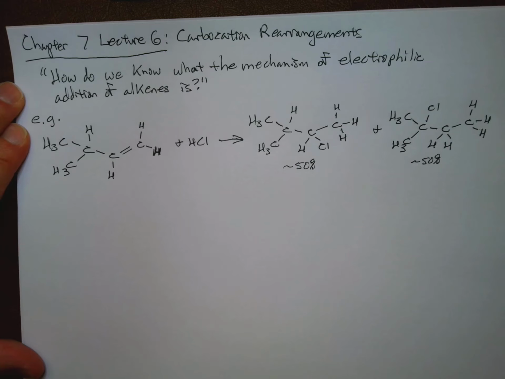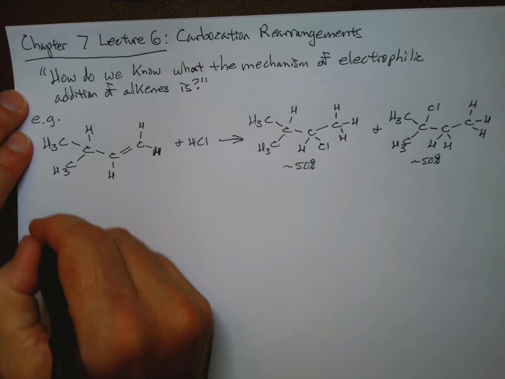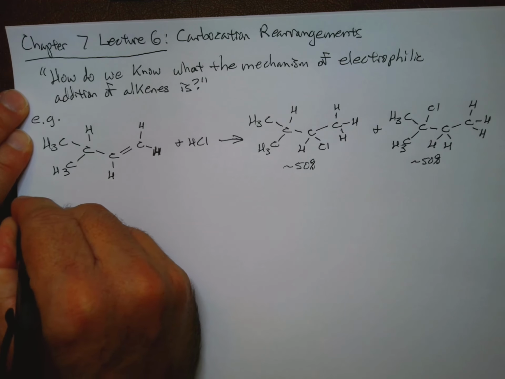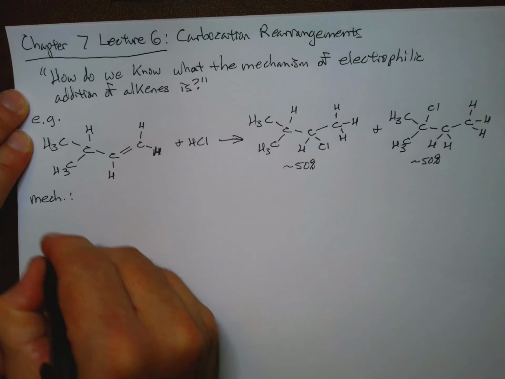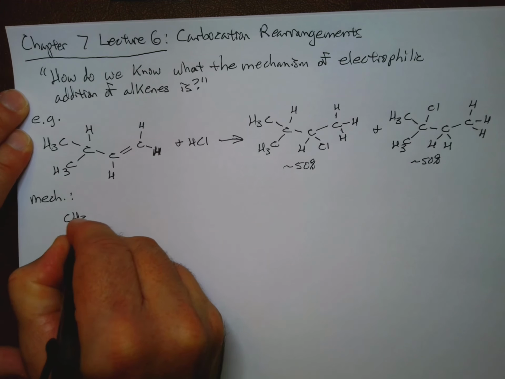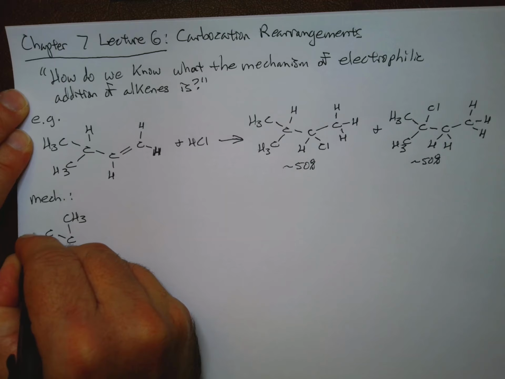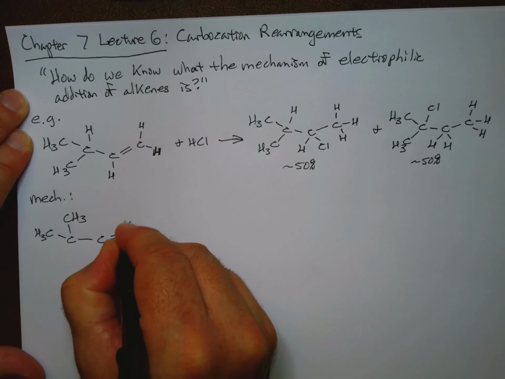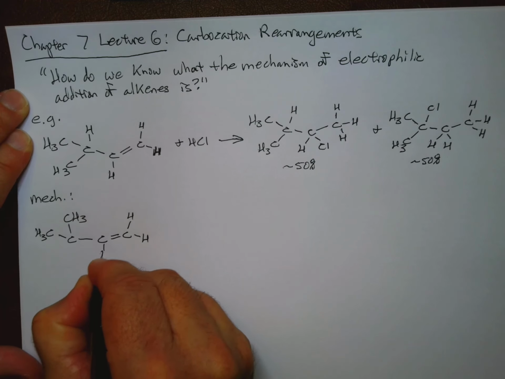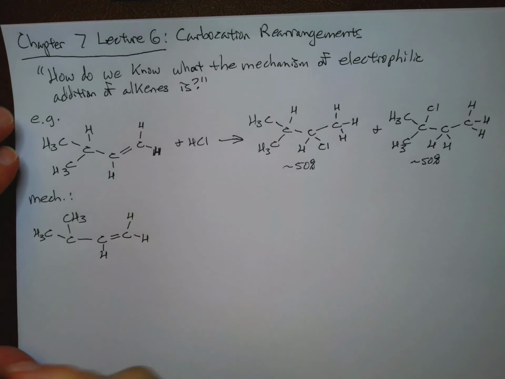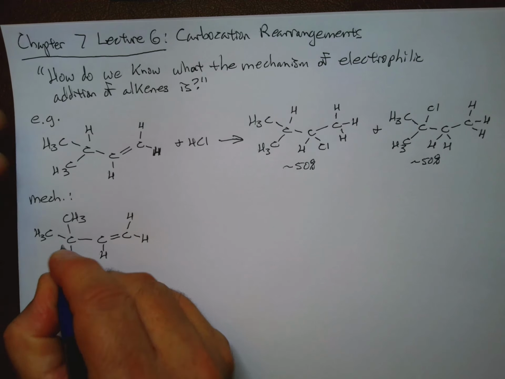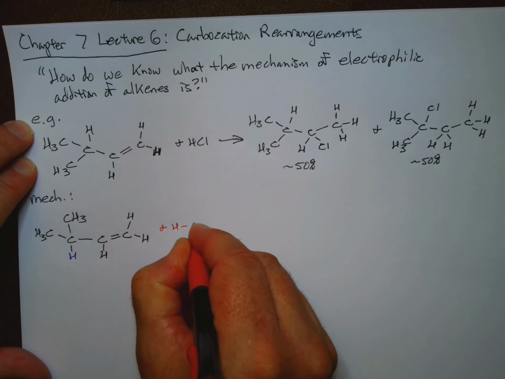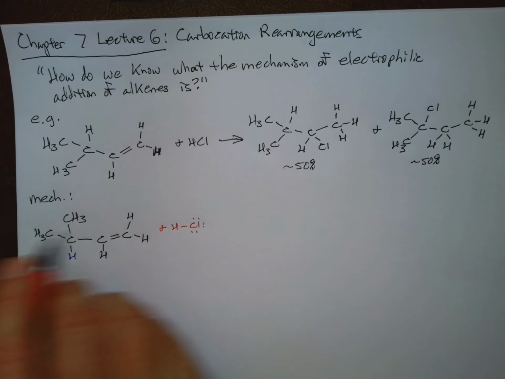So let's go ahead here and I'll redraw this just a little differently. CH3, CH3, C, double bond C, H. Now I'm going to put this in blue, and then I'll put my HCl in red.